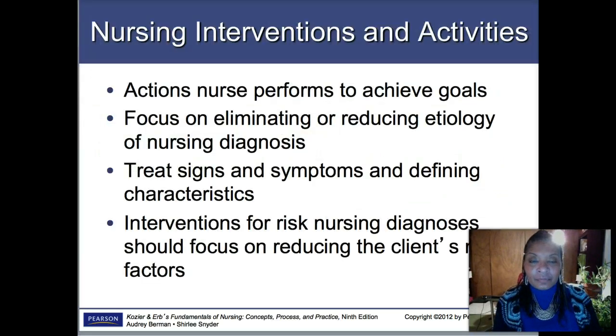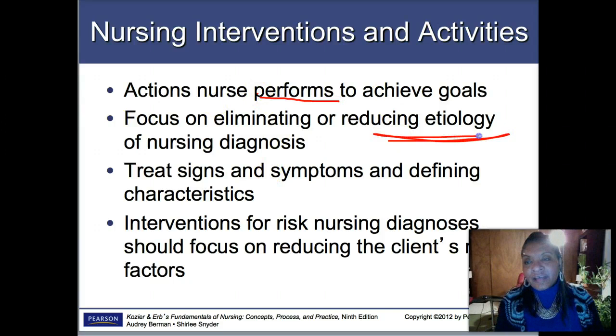Now, when it comes to the interventions, nursing interventions and activities are actions the nurse performs to achieve the goals, and they focus on reducing the reason, the etiology for the problem. So your nursing actions are done to reduce the etiology.